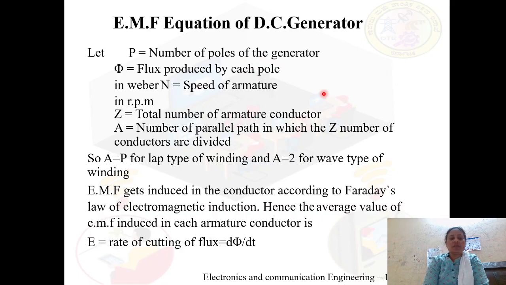Okay, now moving on to the EMF equation. Let us consider the related parameters to derive the expression for EMF.